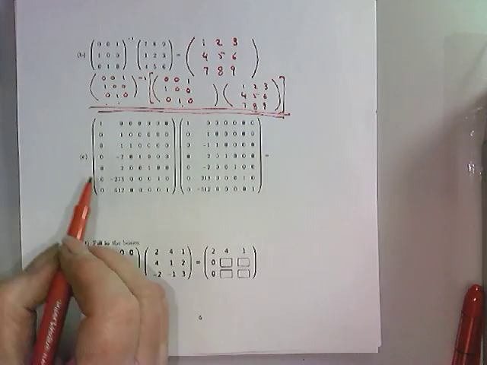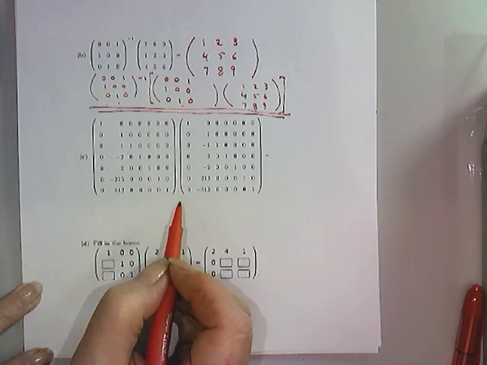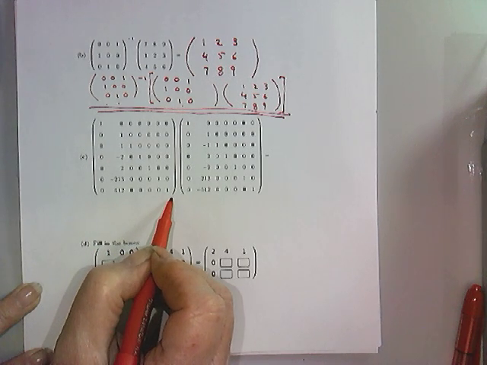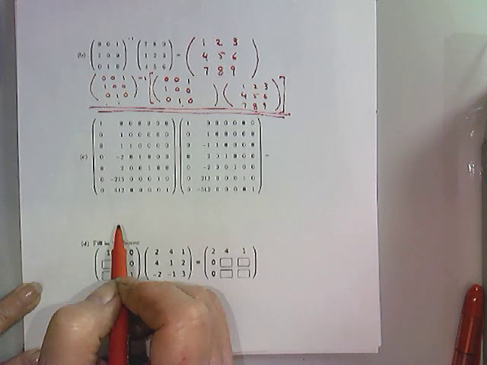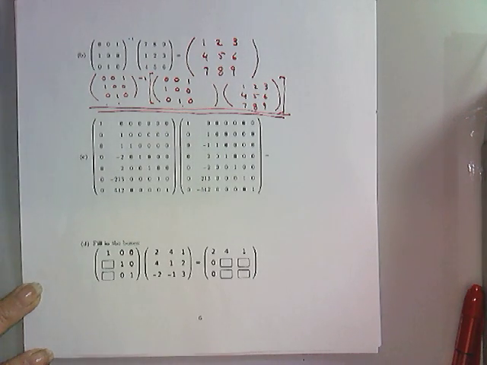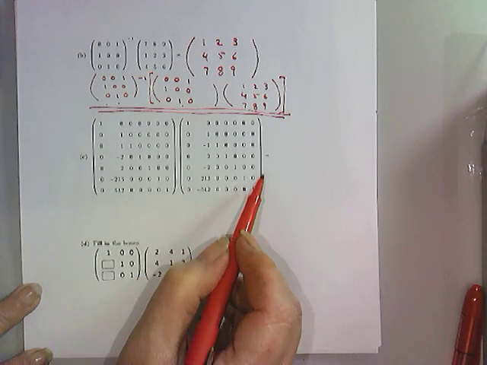So going to part C, it looks like trying to do this product is going to be a pain because it's a 7 by 7 matrix times a 7 by 7 matrix. We could try to partition it to ease our work, but let's try to be smart instead. And if I look at these matrices, they actually have some special properties.